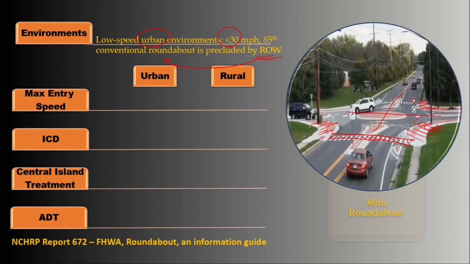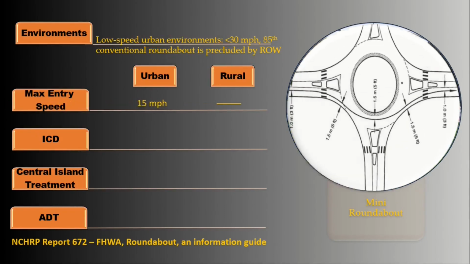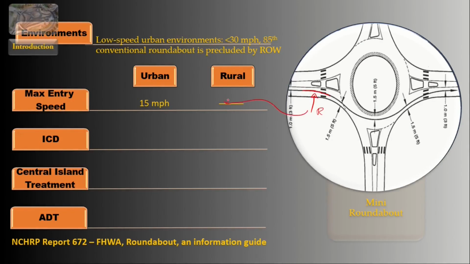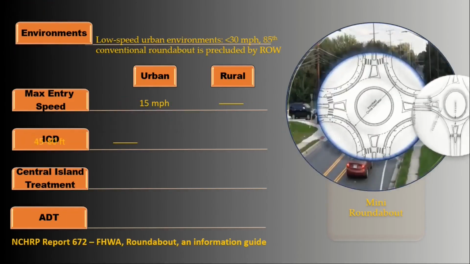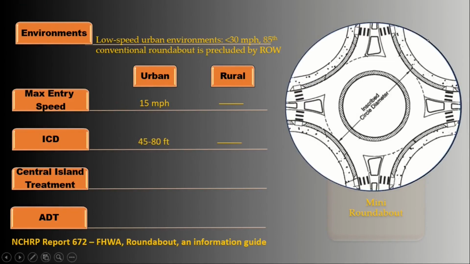When checking the fastest path, the deflection in the entry path should be enough to force entering traffic to operate at a speed below 15 miles per hour. The distance across the circle, inscribed by the outer edge, is between 45 to 80 feet.